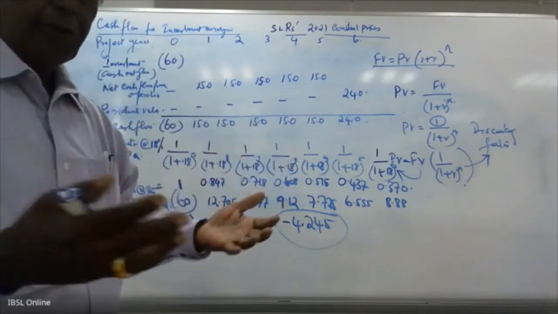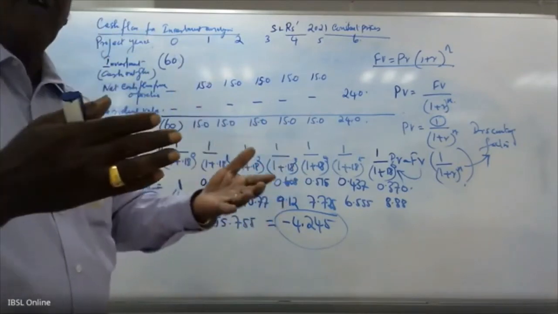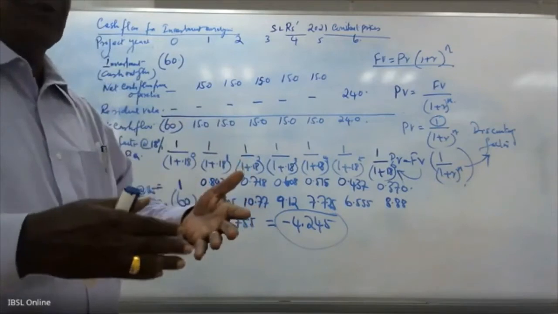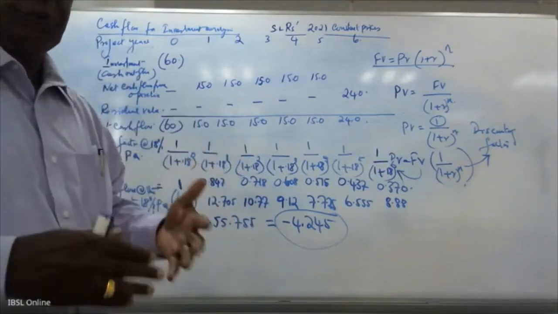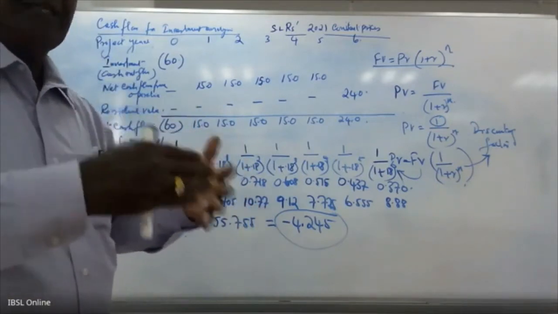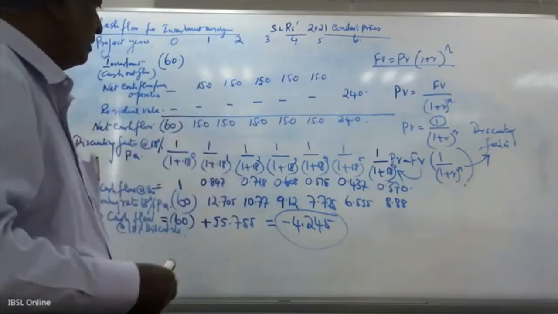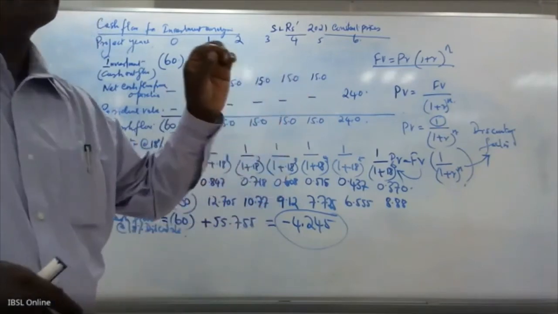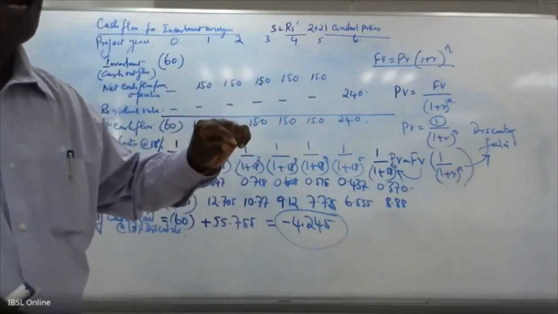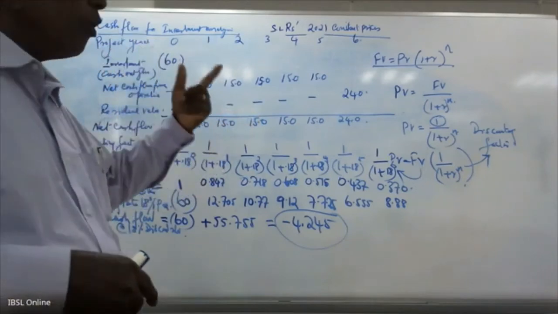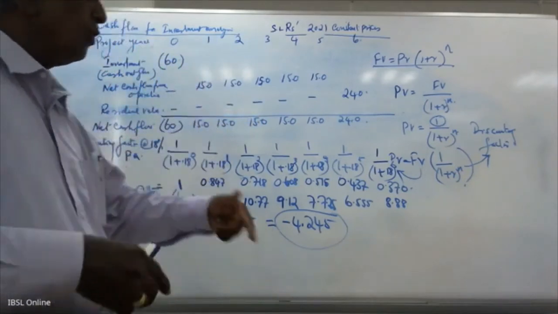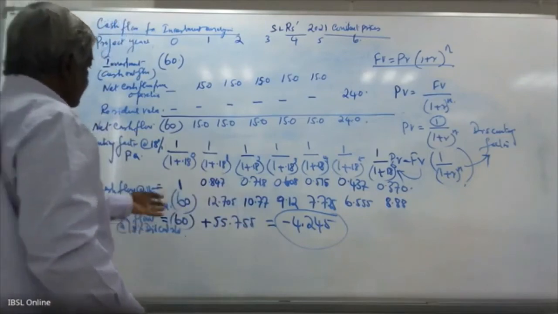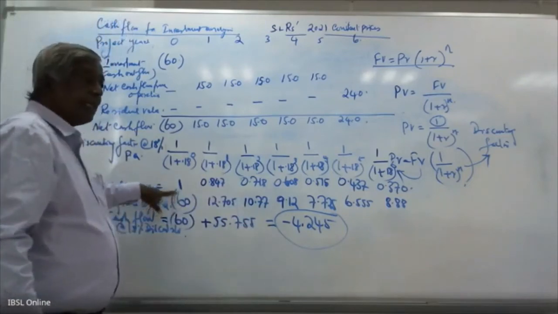So when you add both, we get the net of present values, NPV. Here it comes negative. What does it mean? Outflow is more than the inflow. This is the outflow, the 60 million.